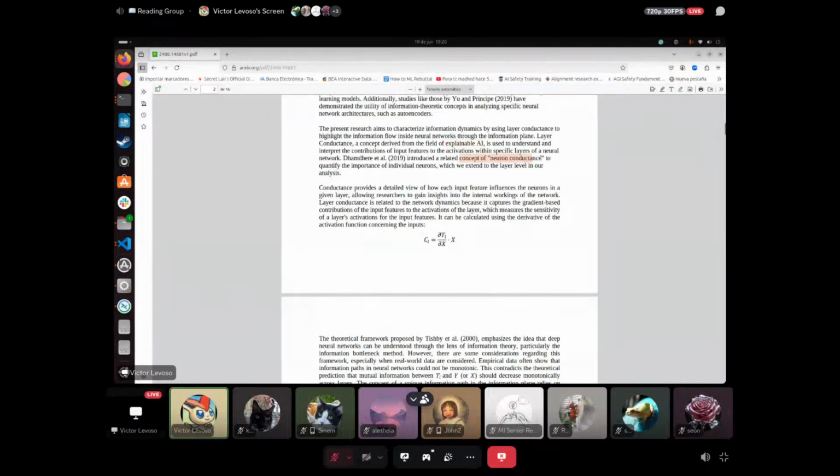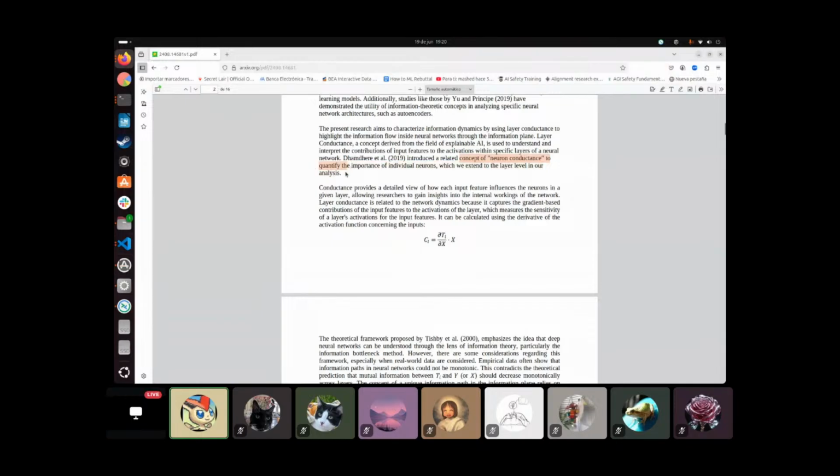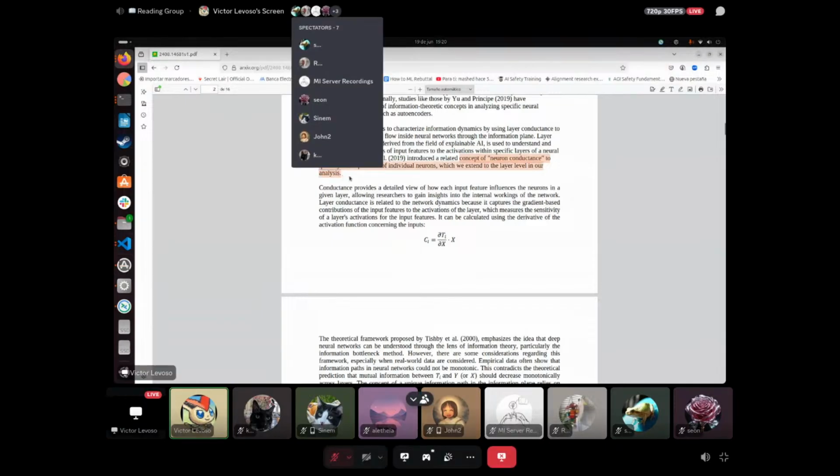But yeah, this is the process of neural conductance to quantify the importance of individual neurons, which extends to a layer level of analysis. But if you want the importance of a neuron, why don't you just take, for some input, the gradient from the neuron to the input, and you have a nice linear approximation?